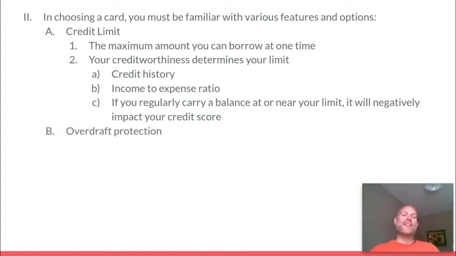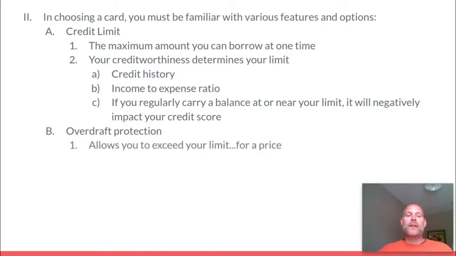Another term to understand is overdraft protection. This will probably be a little bit confusing when we talk about banking because they also have overdraft protection, but it's almost the exact opposite. When we're talking about overdraft protection in a credit card, it allows you to actually exceed your limit. It lets you go over your limit, but there's a price, of course.